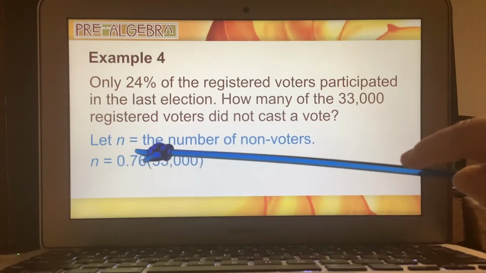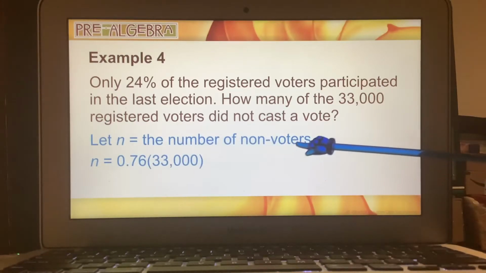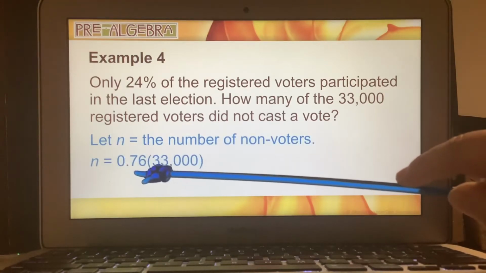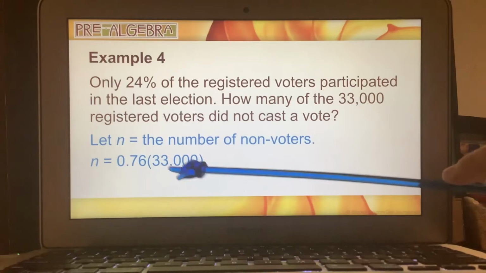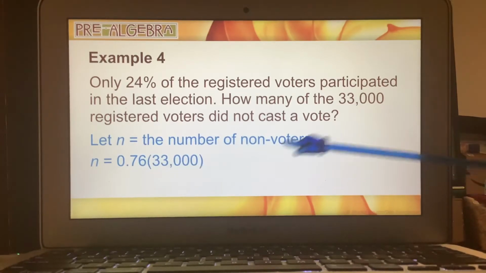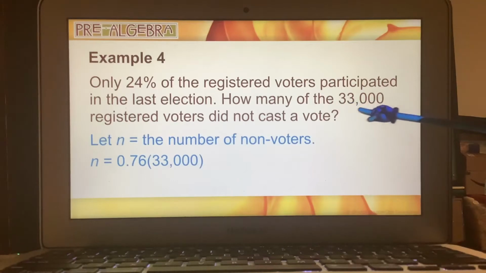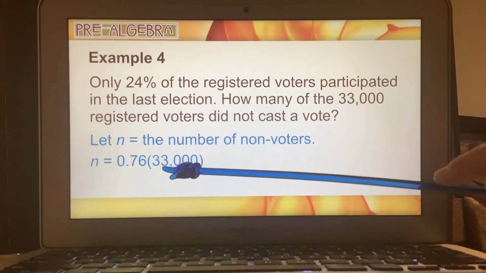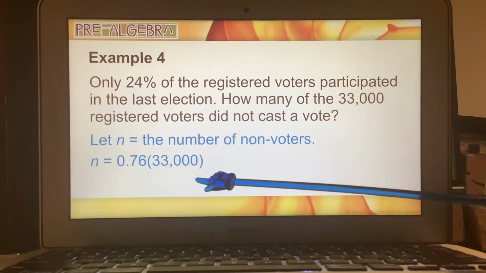Now, the number of non-voters, that's the part, and that is equal to our percent times the whole. So the percent, 0.76, times the whole, the total number of registered voters, 33,000. So that's why we have that 33,000 here.